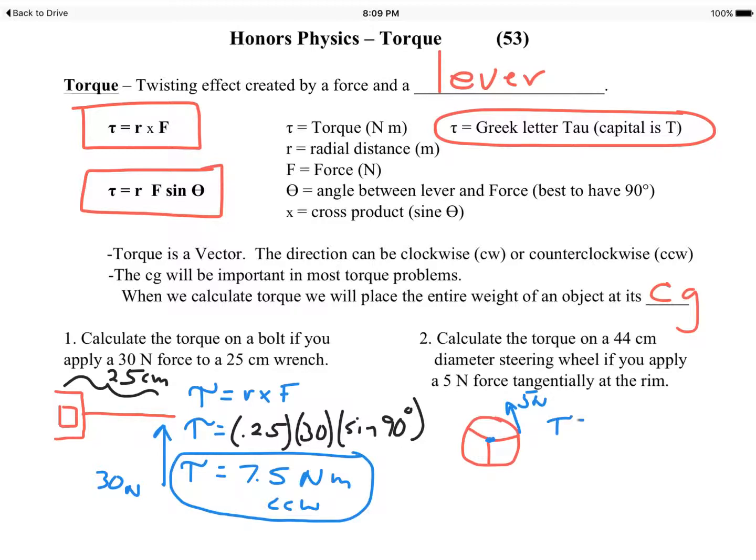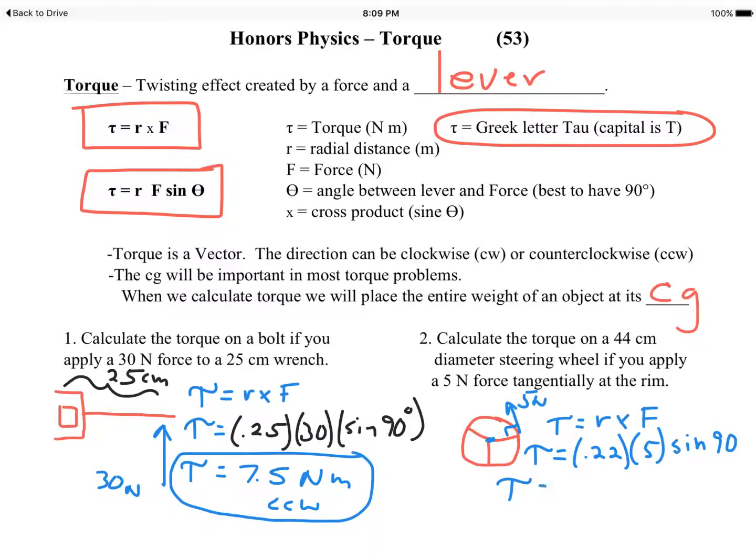So the torque is R cross F. The torque equals the distance, 0.22 meters, half of 44 centimeters is 22 centimeters, times the force, 5, times the sine of 90. Now you don't need to keep writing sine of 90 if it is 90, which it is in this case. Your tangential force is perpendicular to the radius.